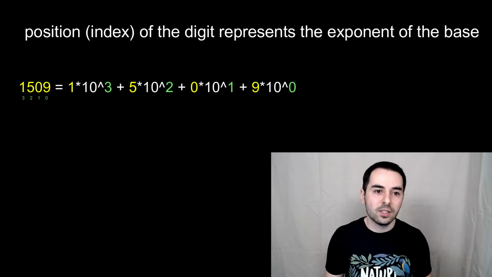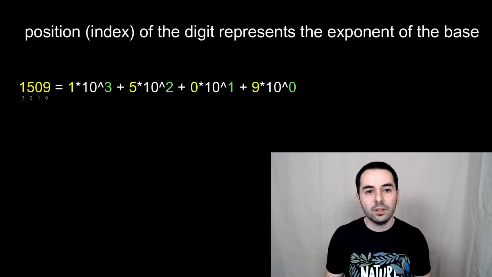More precisely, 1509 is equal to 1 times 10 to the power of 3, plus 5 times 10 to the power of 2, plus 0 times 10 to the power of 1, and finally plus 9 times 10 to the power of 0.